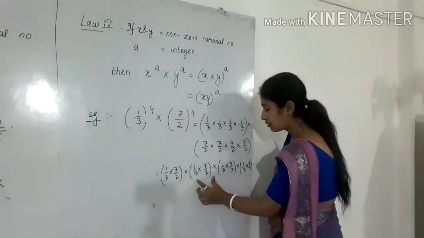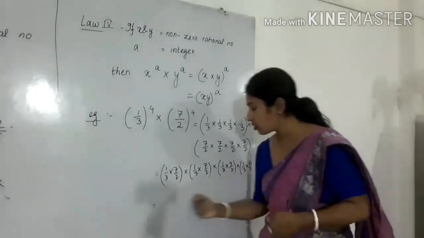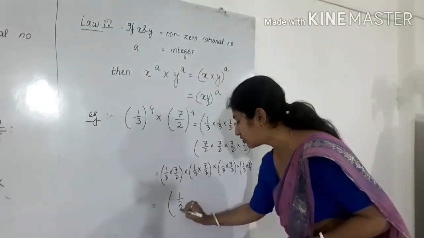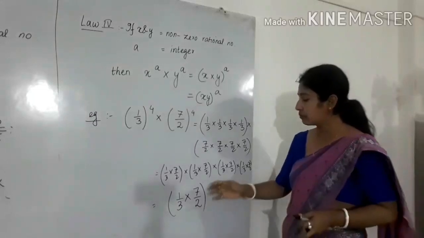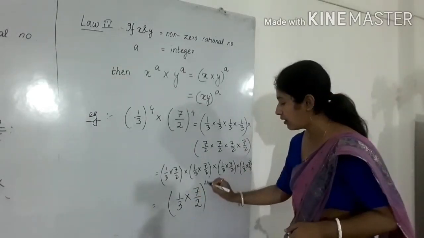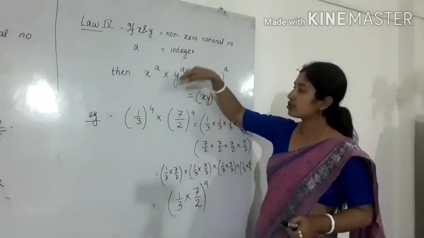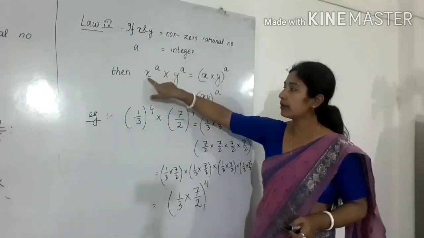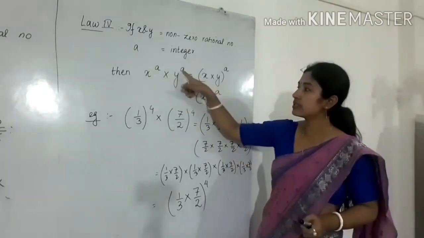So in this, base is same, all bases are same. So in base you have to write what? You have to write 1 by 3 into 7 by 2. This is base. And this is multiplied how many times? 4 times. That means you have to write in power 4. So here see, according to the law also, what are we doing? We are doing the same thing. We are multiplying the base and raising it to the same power.